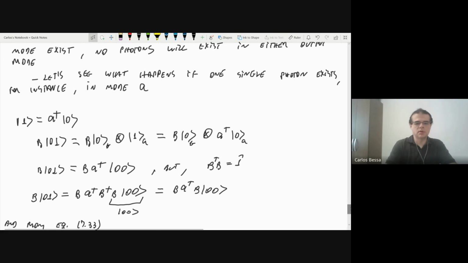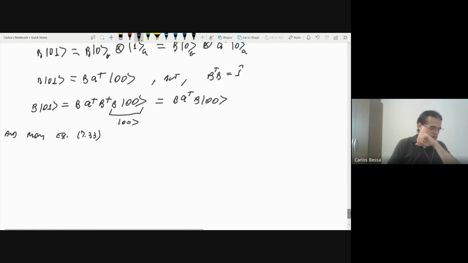we could find that 733 is this equation: B, A dagger, B dagger is equal to A cosine of theta plus B sine of theta. No, sorry, 733 is this.